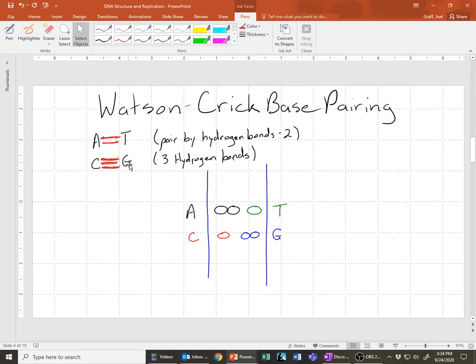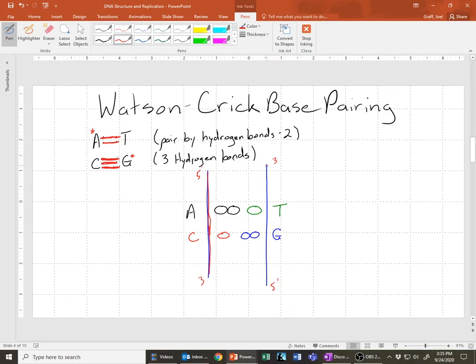C's can interact with G's, and that's with 3 hydrogen bonds. The other thing to point out is that A and G are called purines. If this is your DNA or your phosphate sugar backbone, we're going 5' to 3' in this direction, and 5' to 3' in this direction, right?